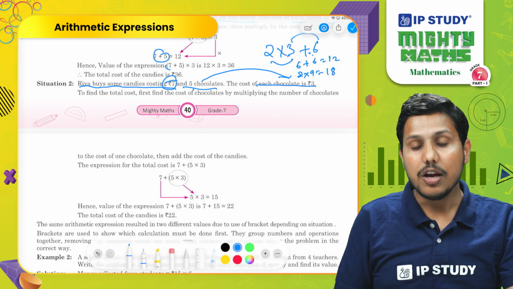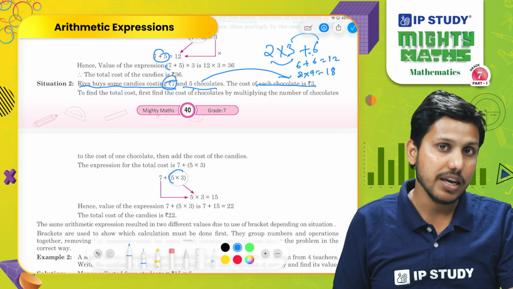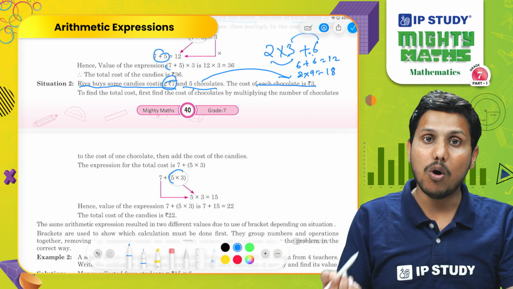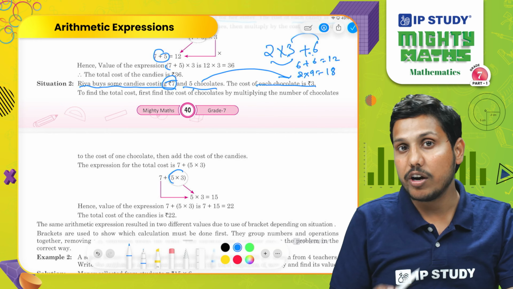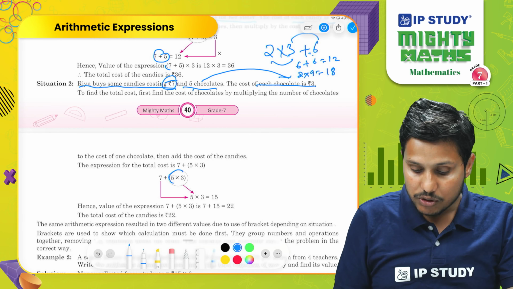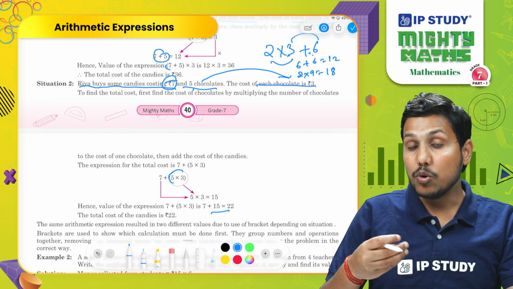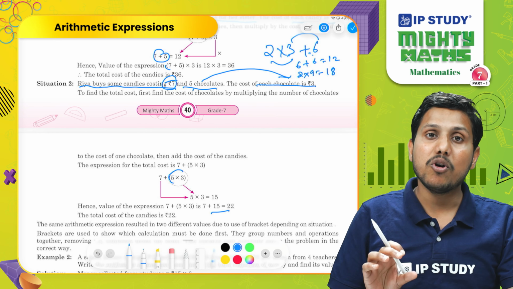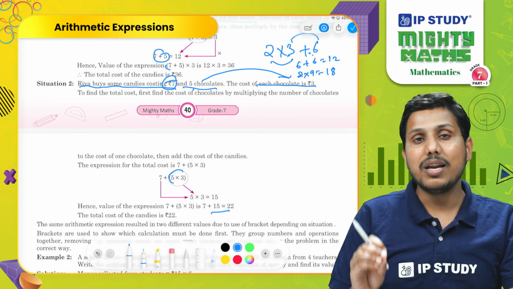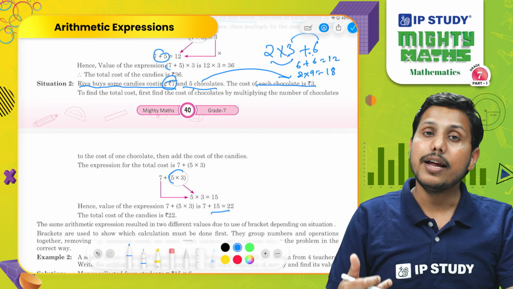So here we have to apply the bracket on 5 multiplied by 3 so that we can find out the cost of chocolates and we can add it to the cost of candies. So here it shows that using the bracket is very important in order to solve a complex arithmetic expression. Otherwise, we will not get the required value.